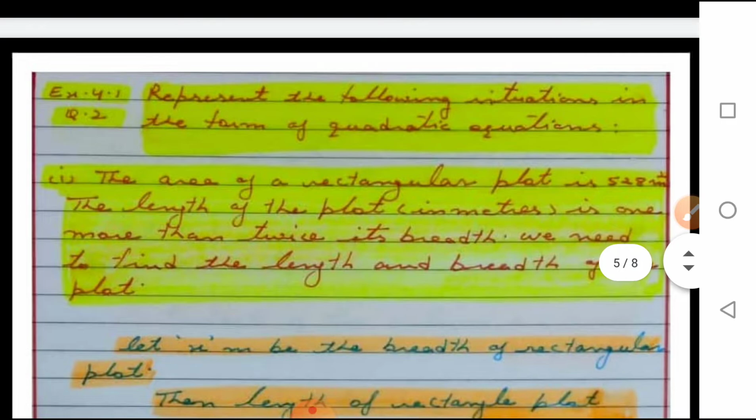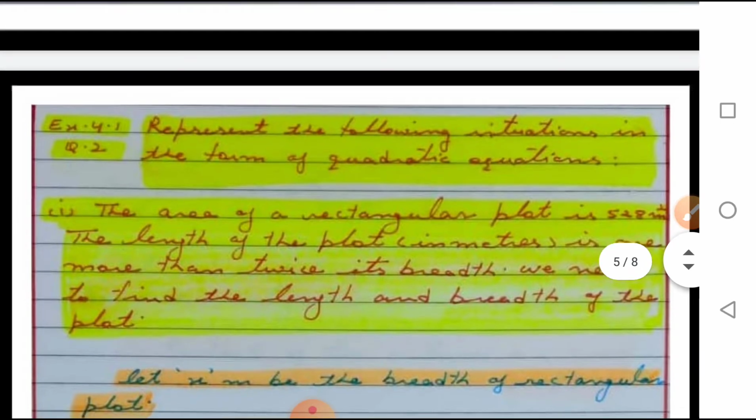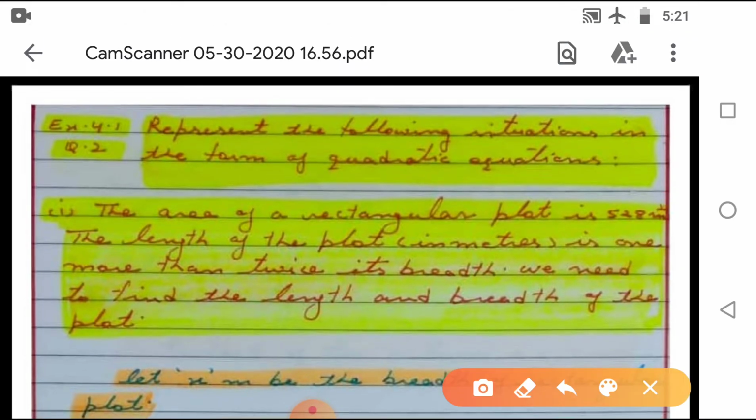question of this exercise 4.1 and the question number 2. Look at this question number 2 is saying represent the following situations in the form of a quadratic equation. Okay. And the first part of question number 2, exercise 4.1, right.